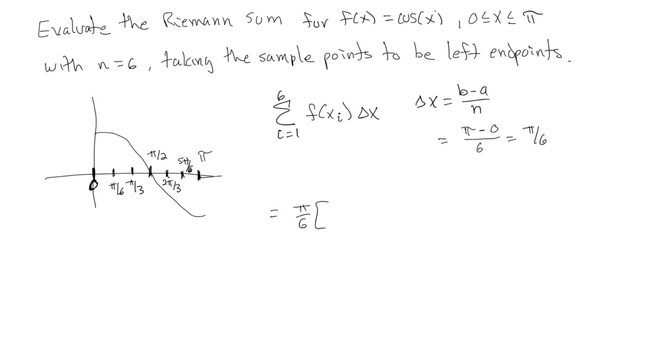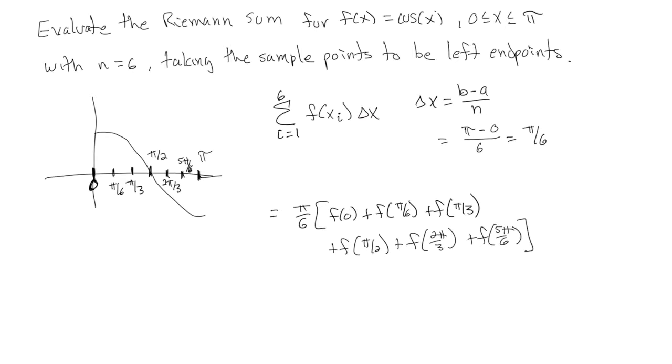So I'm looking at f at 0, f at pi over 6, f at pi over 3, plus f at pi over 2, plus f at 2 pi over 3, and then f at 5 pi over 6. So there's my n equals 6 rectangles using left endpoints for each of those rectangles.